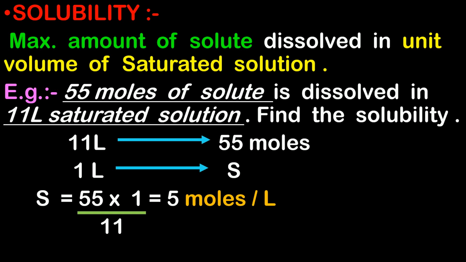It is very simple. Now moving on, let's understand the different factors affecting solubility. So how you can change the solubility of a solution, or of a solute, whatever you want. In books it is given as solute. Now the first important factor is the nature of solute and solvent.